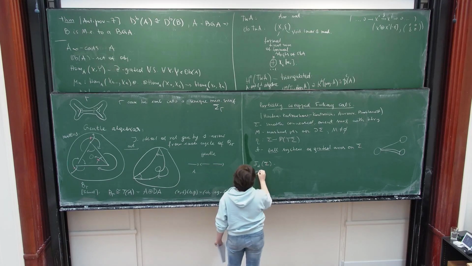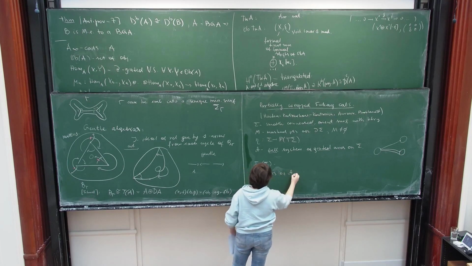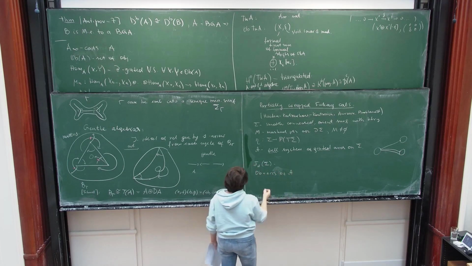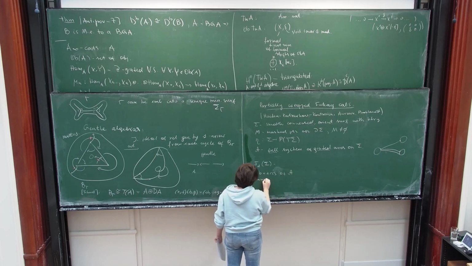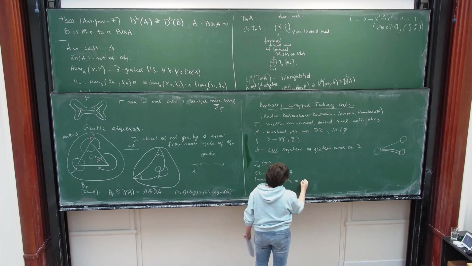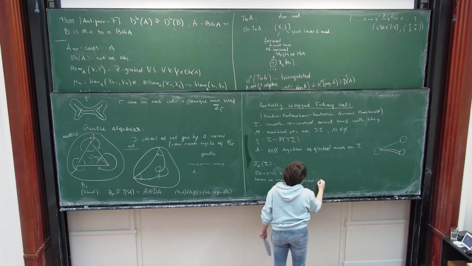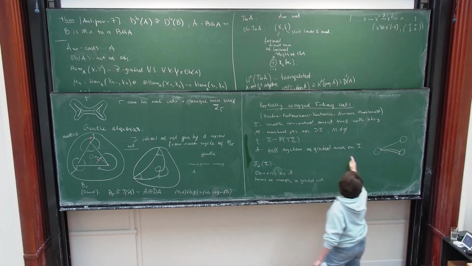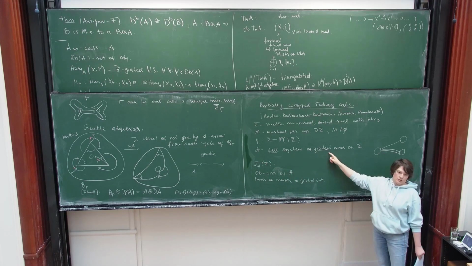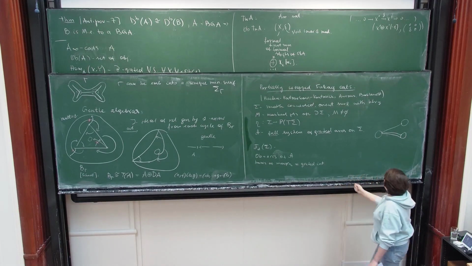So objects are the arcs of A, then basis of morphisms are given by graded intersections, and the grading of the intersection comes from the grading of the curves. And then we have composition.